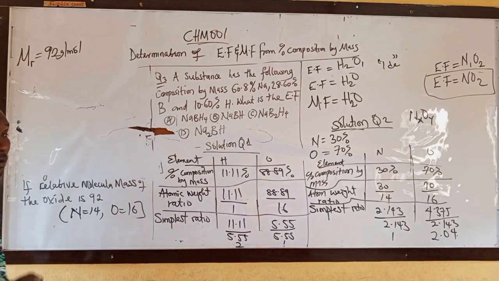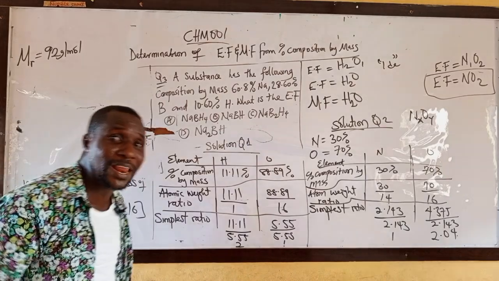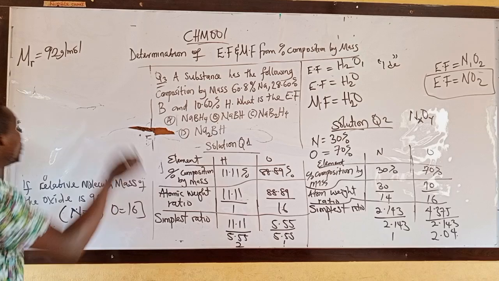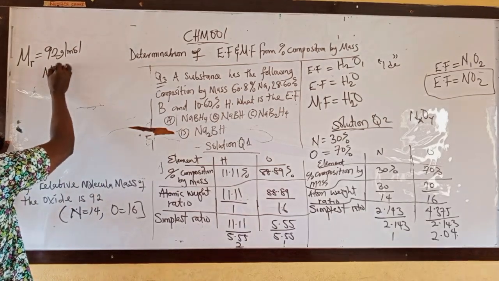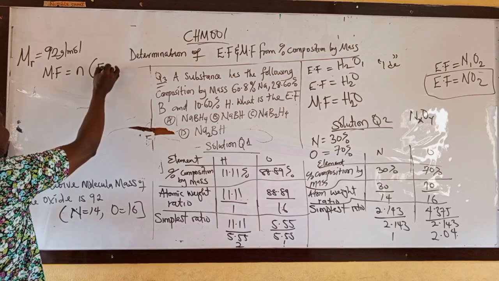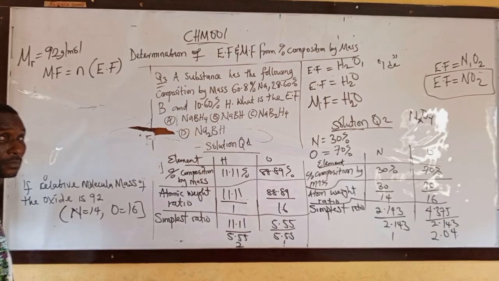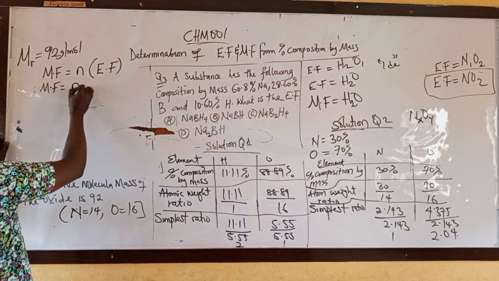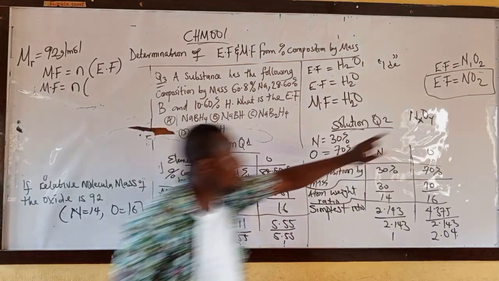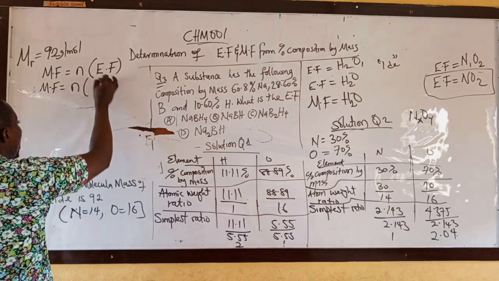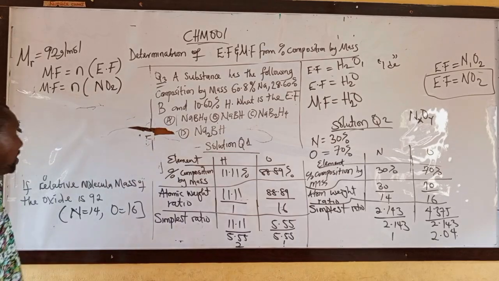Calculate the molecular formula. Don't forget, what is the formula that connects molecular formula and empirical formula? I told you, molecular formula equals N into empirical formula. The empirical formula is NO2.